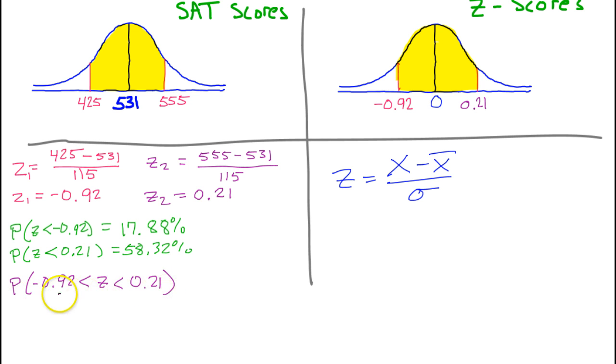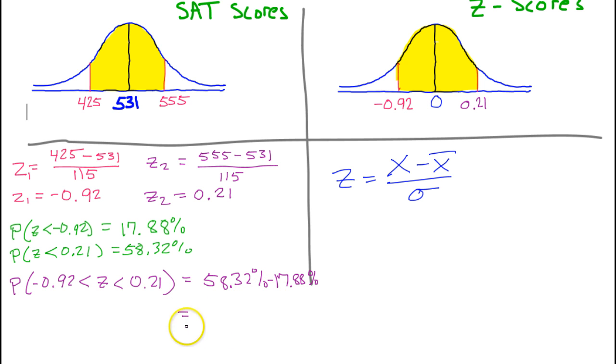This is how you write between, and this means the percentage of data between. Now, to calculate that, all you do is subtract. Just do the bigger one minus the smaller one. So I'm going to do 58.32% minus 17.88%. You just subtract.